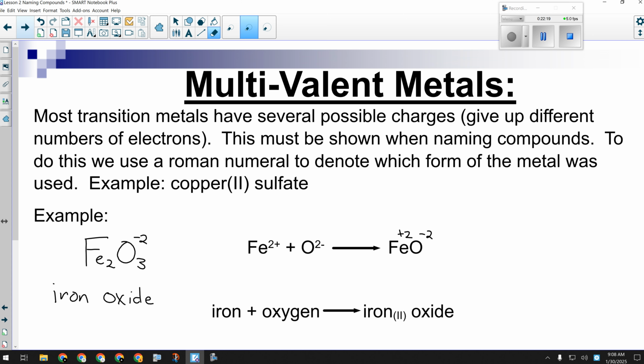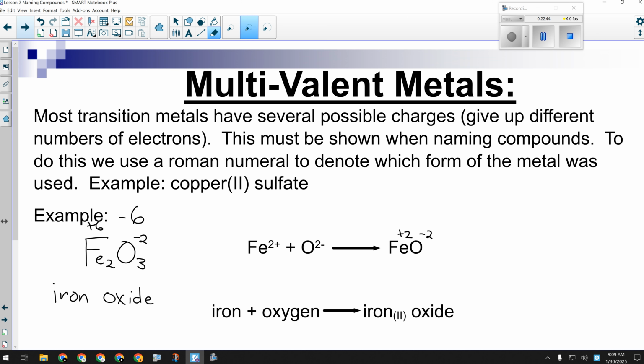How many negative charges? 6. The compound can't have a charge in total, so how many positive charges do I also have to have? 6.